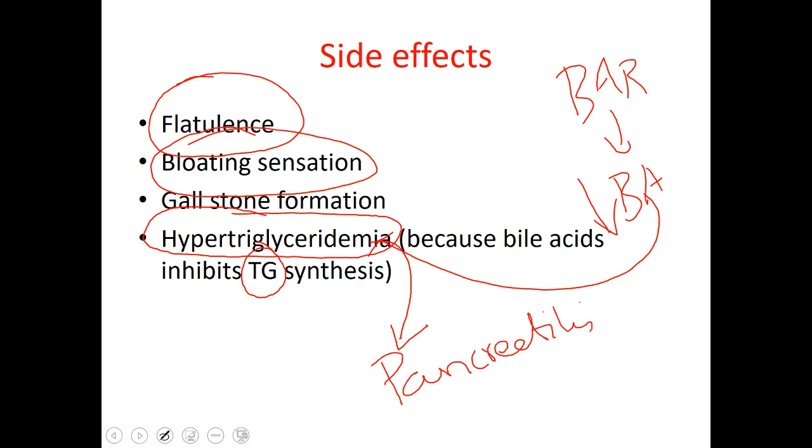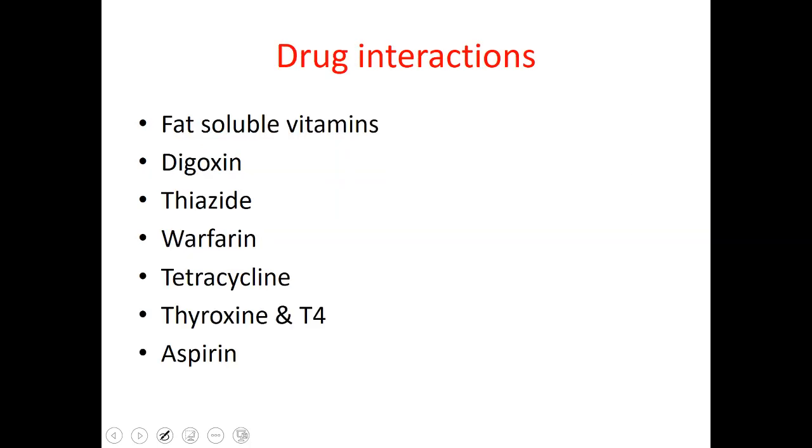So, these are some of the adverse effects that you may have to keep in mind with regard to bile acid sequestrants. Because they are very charged molecules, whenever you concomitantly administer a drug, they often bind to such drugs, more often anionic drugs, and decrease their absorption. There are a lot of drug interactions, particularly with regard to narrow therapeutic index drugs.